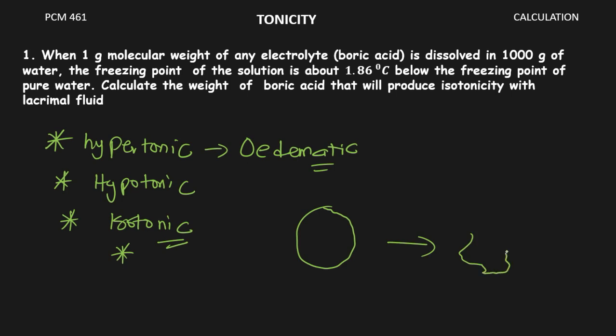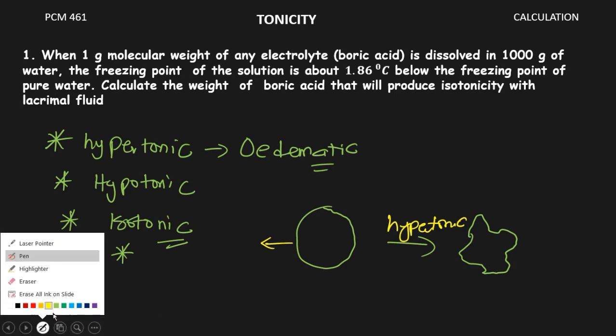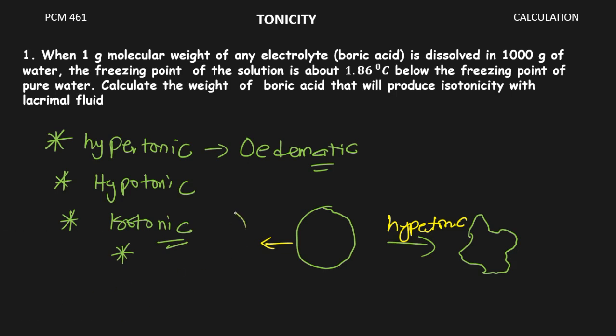Are you getting it now? And it will deform. So instead of having the normal form, the shape will actually change. So this is when you give hypertonic solution. Now, how about a situation where you give hypotonic solution? What will happen? The cell will swallow water, abi? Then at the end of the day, it will swell. Is that okay?